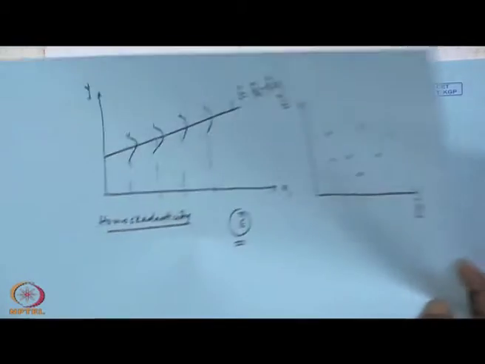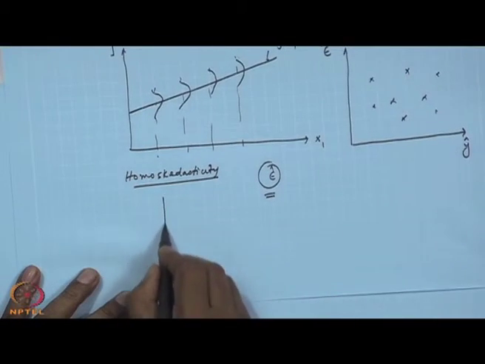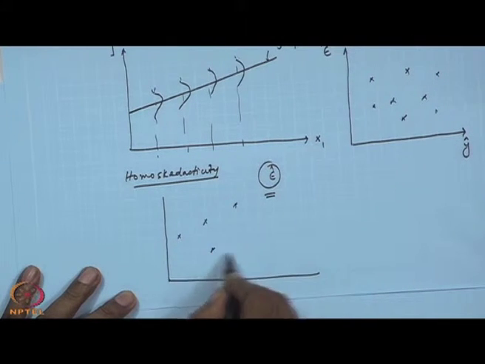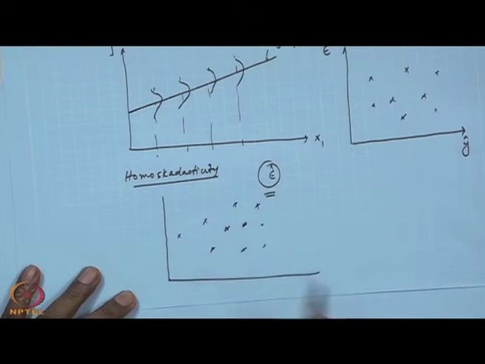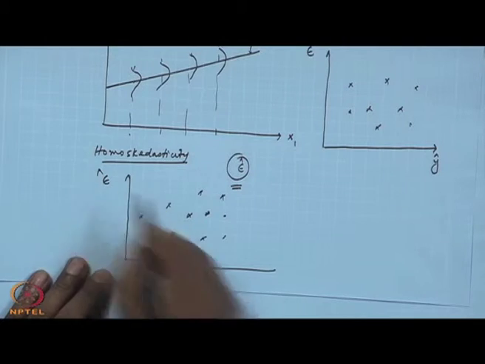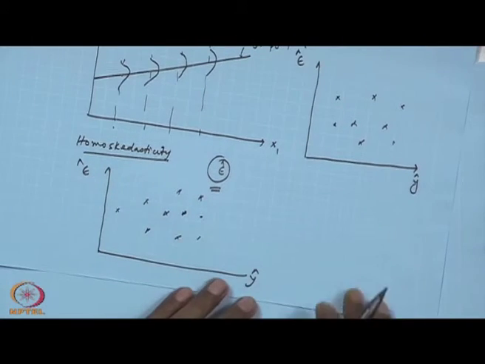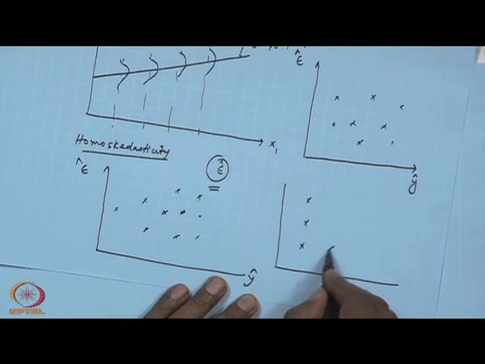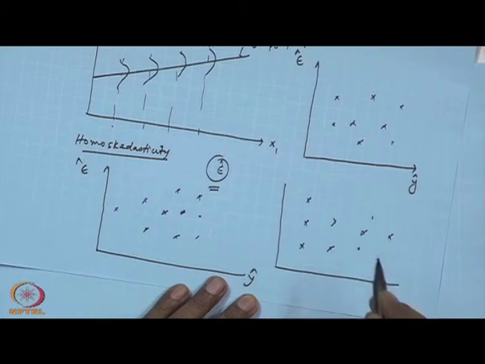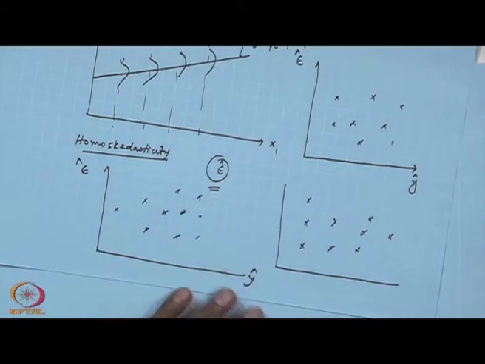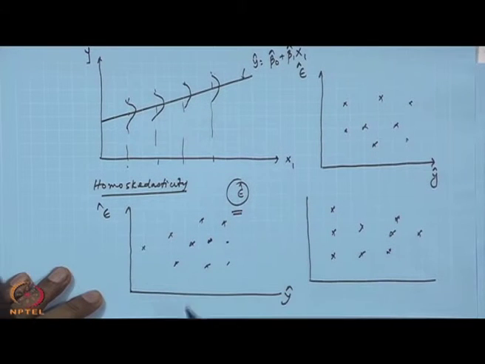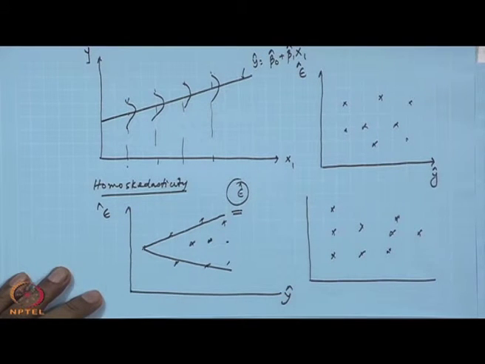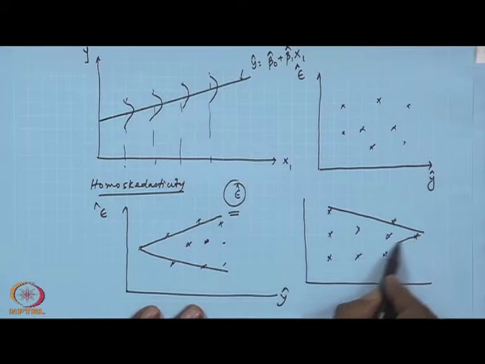But what will happen if your plot is like this? Suppose this is the case, on this side your epsilon cap and sigma cap, or your plot may be like this. If you do a little more work, you can find out that this one resembles this.